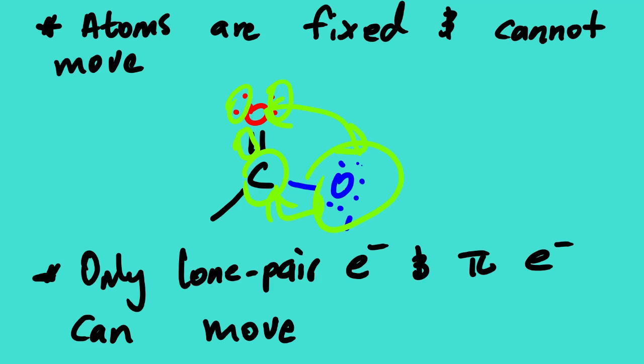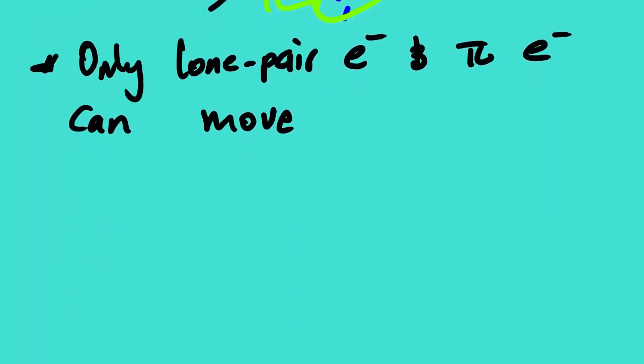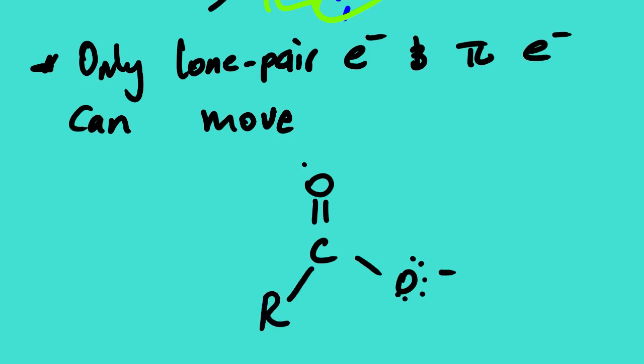Only lone pair electrons and pi electrons can move. Now in this case, considering our previous example, these are lone pairs, and then pi bonds, we only find them in triple bonds and double bonds.